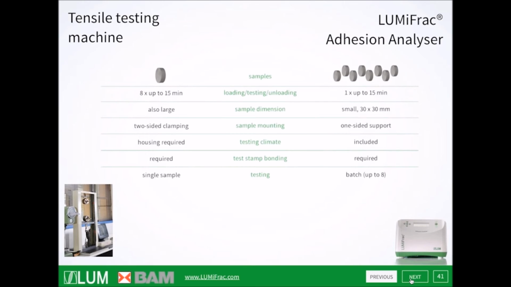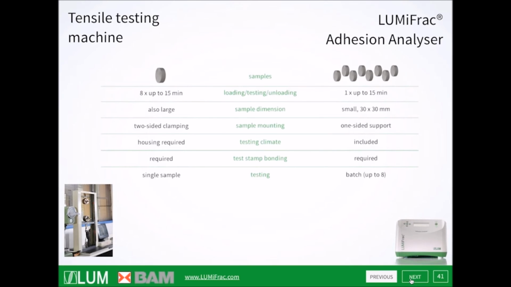Regarding testing climate, tensile testing machines normally are brought into climate chambers, so you have some housing which is required. Here, regarding temperature and humidity, this is built in. You can change the temperature from minus 11 degrees up to 40 degrees and also change the humidity.